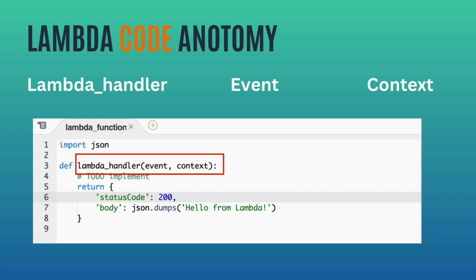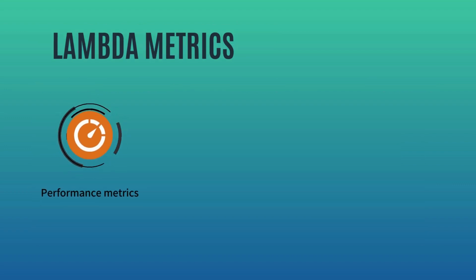Once you are executing a number of Lambdas, you want to understand the metrics to improve performance. Lambda offers different kinds of metrics, the first one being performance metrics: how much memory you are using, how much compute capacity you are using, and how much time it takes to execute a Lambda function, using which you can optimize your Lambda.